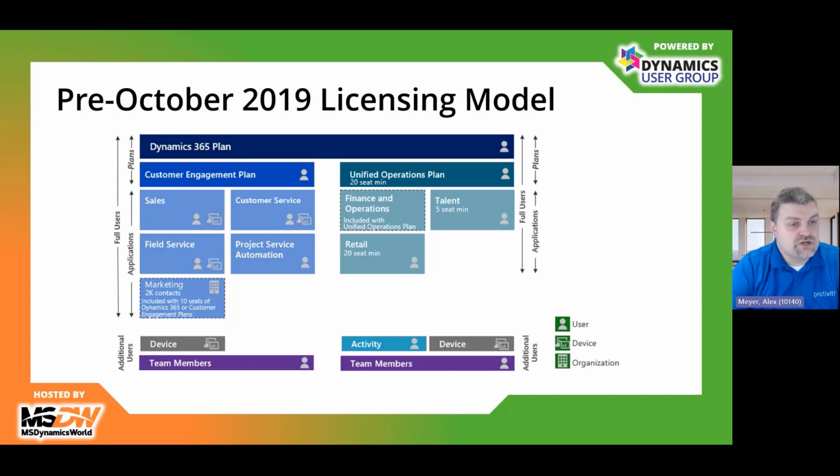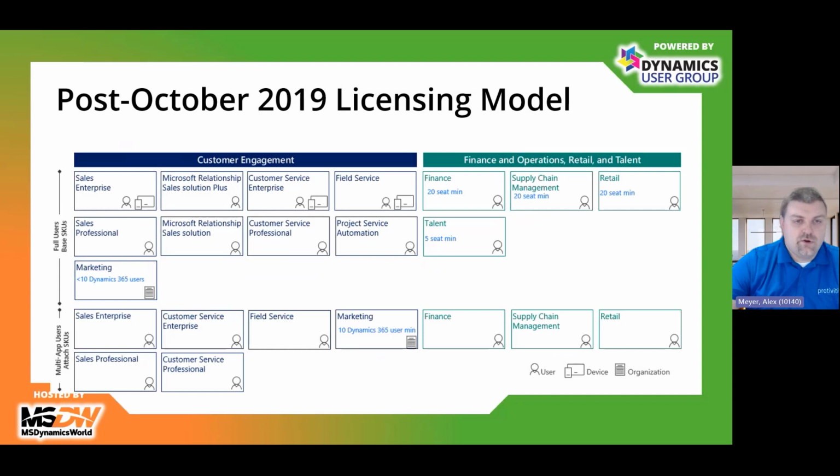But really, it gave you this idea where you could buy a plan and have access to a large chunk of functionality from Microsoft. If you look at post-October 2019, the licensing model changes. You'll notice that the plans go away, where you could purchase all of customer engagement or all of F&O or even both. Now your different applications are standalone licenses.